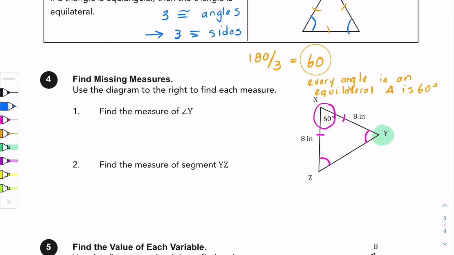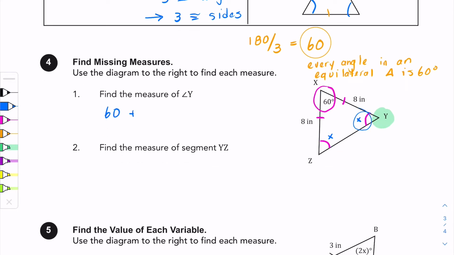The angle measures of a triangle sum to 180 degrees. I know that my two base angles are exactly the same, so I'm going to label them with X. If we did 60 degrees plus 2X and set this equal to 180, we could solve and say that 2x is equal to 120, divide both sides by 2, and x is equal to 60.